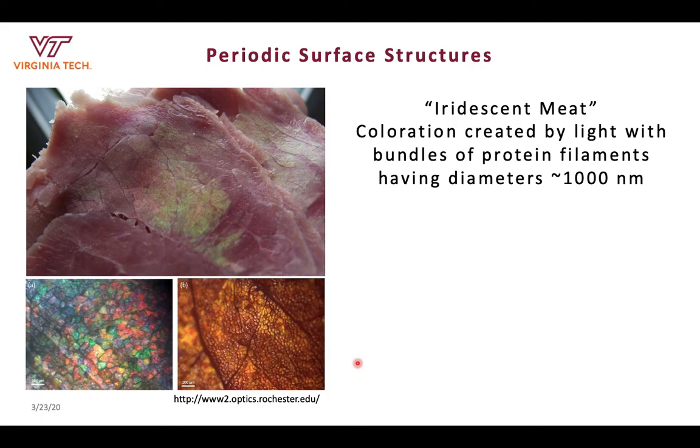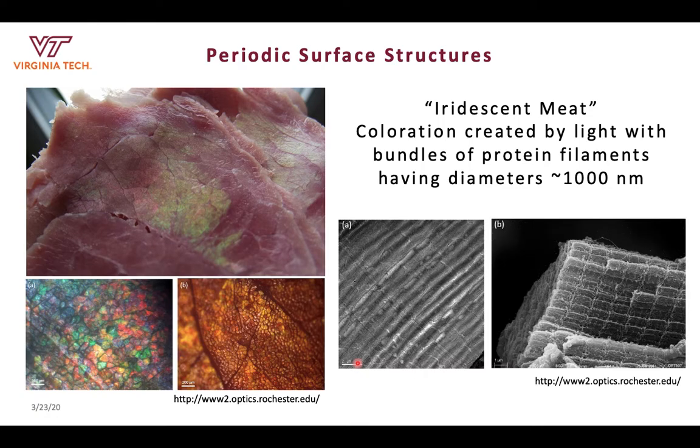And it's coloration, again, created by light that is interfering from a physical structure that's made up of bundles of protein filaments. Okay, and again, if you look at a fine enough scale, and once again with a scanning electron microscope, you can see that these protein filaments that have average diameters of, say, 1,000 nanometers or so, sort of line up next to each other, as you can see in the image on the left there, packed together.